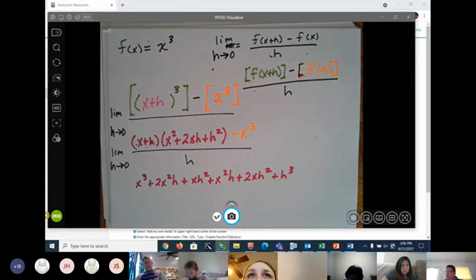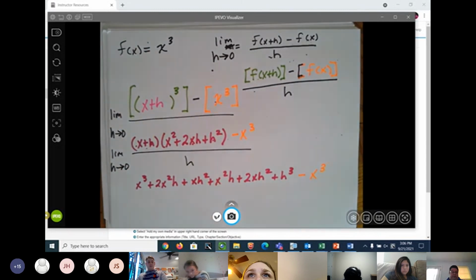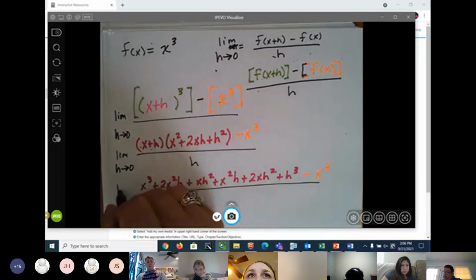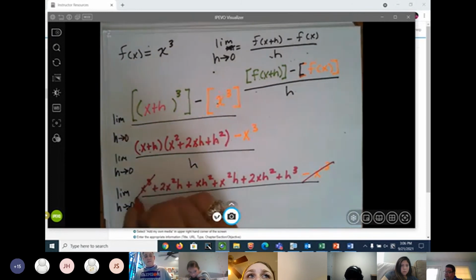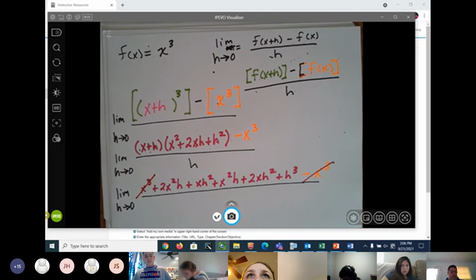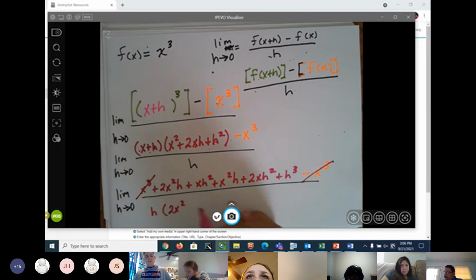minus x cubed over h, and the limit as h approaches 0, and the x cubes cancel. I'm going to factor out an h. That's going to leave me with 2x squared plus xh squared.